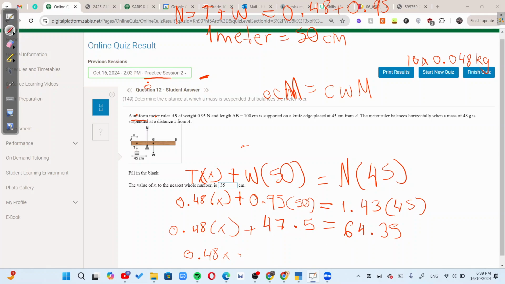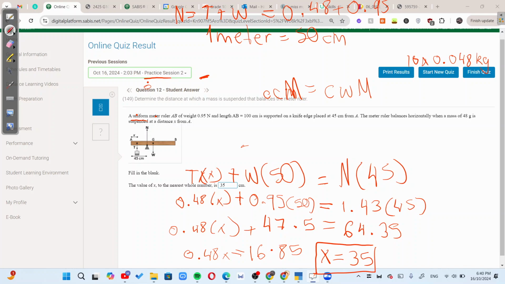You're gonna move this to the side, equals 16.85. And we find out that x is about 35.1, but we're gonna round it to the nearest whole number, which is 35.